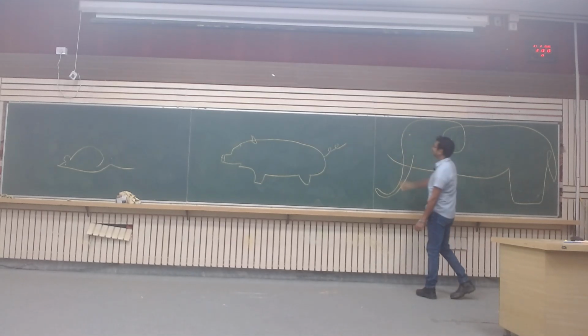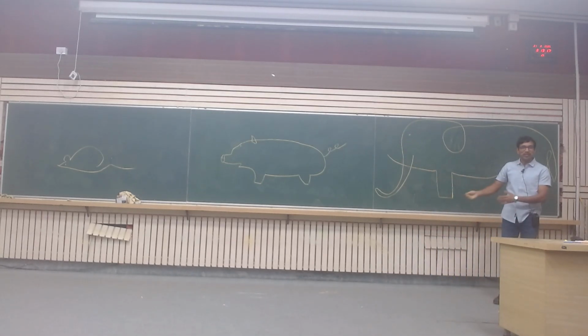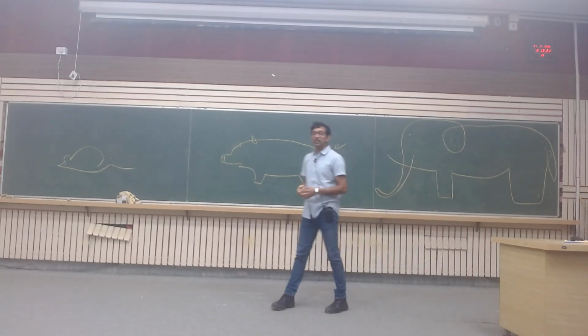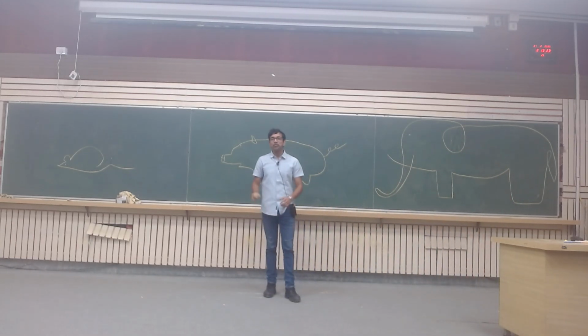Okay. Elephants grew smaller and smaller, and thus pig evolved. So that was the conviction of the second wise man.